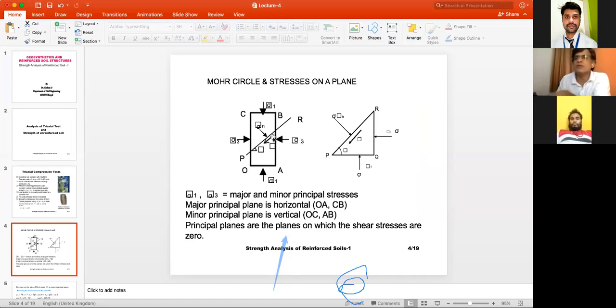Sigma 1 is applied vertically and sigma 3 is applied horizontally as confinement. CB as well as OA are the major principal planes, where the major principal stresses act, whereas OC and AB are the minor principal planes, where the minor principal stresses act. Let us assume that PR is a rupture plane acting at an angle theta.